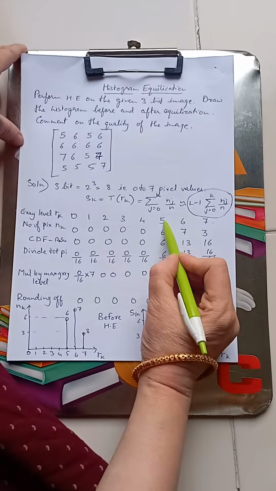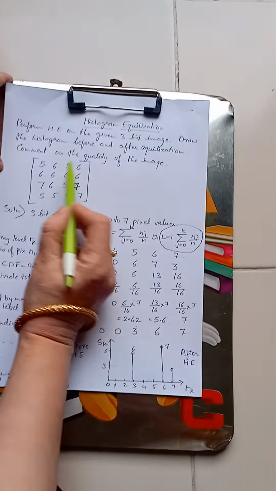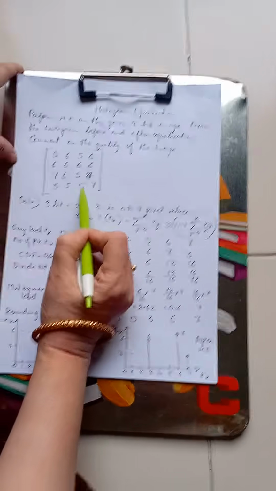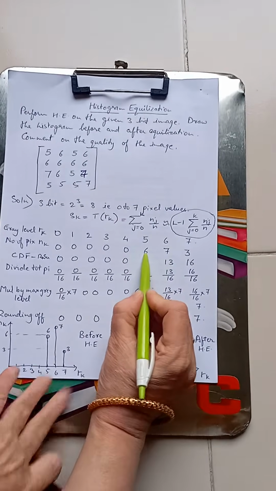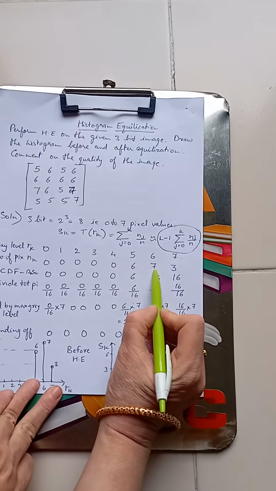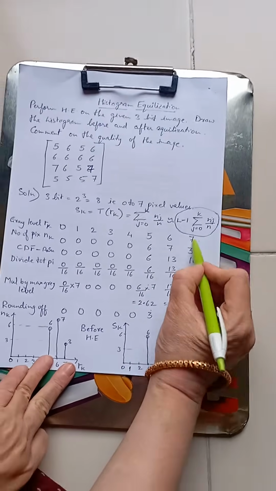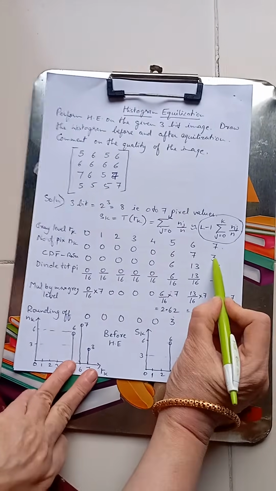But pixel 5 is repeating 6 times. Pixel 6 is repeating 7 times and pixel 7 is repeating 3 times.